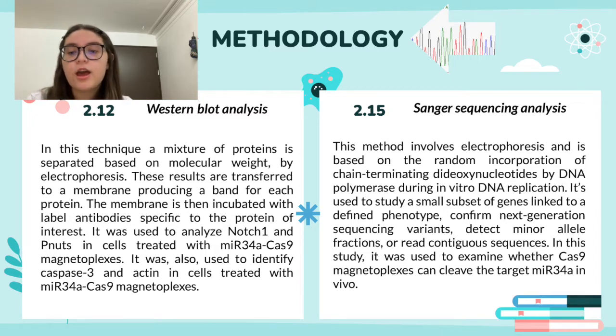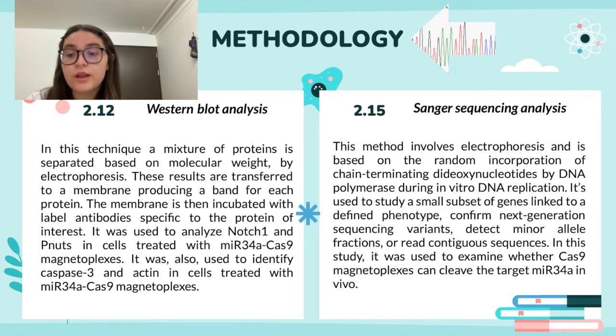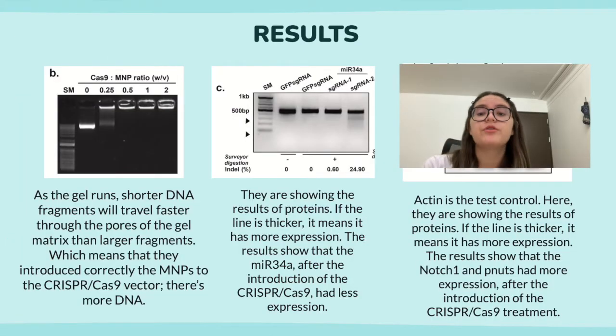This method is usually used to study a small subset of genes linked to a defined phenotype, or confirm next-generation sequencing variants, or detect minor allele fractions, or read contiguous sequences. In this study, it was used to examine whether Cas9 magnetoplexes can cleave the target MIR34A in vivo. For the next part, we have the results.